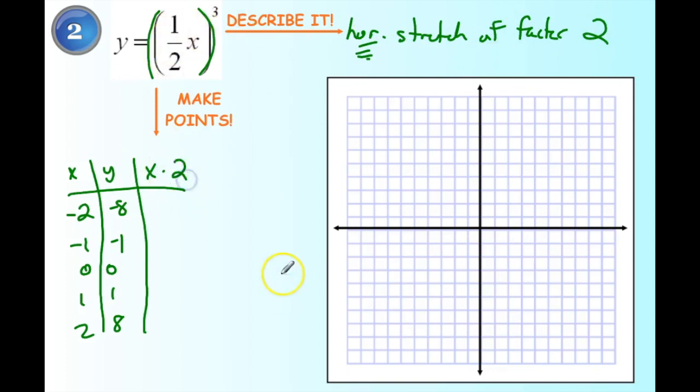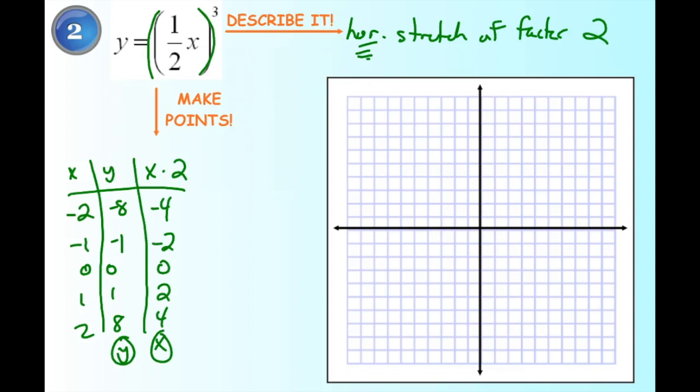So I'm going to take all my x's and multiply by 2. So -2 times 2 is -4. -1 times 2 is -2. 0, 2, and 4. So these are my new x values. Nothing changed vertically, so these are still my y values. Be careful when this happens because the table is kind of in reverse order now. I've got to do x comma y.